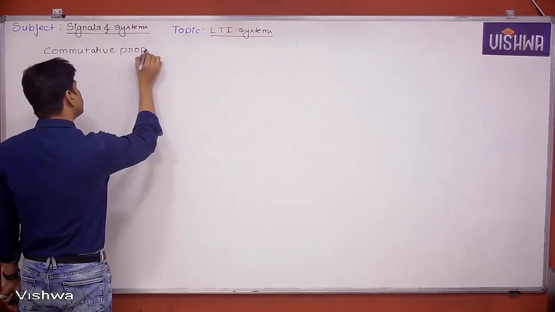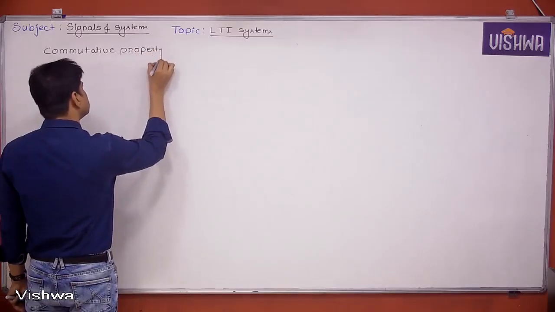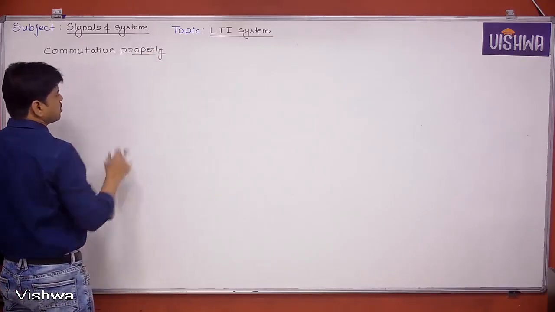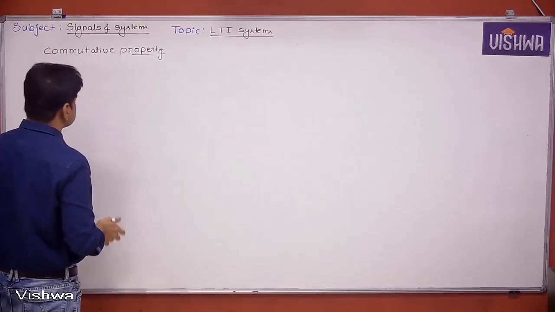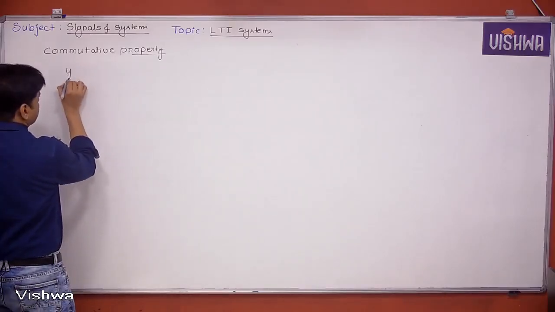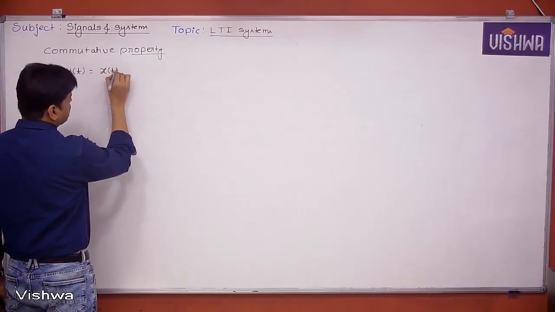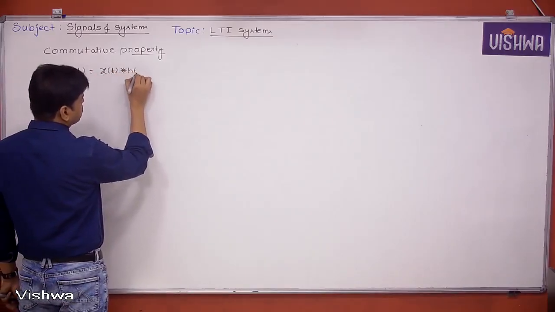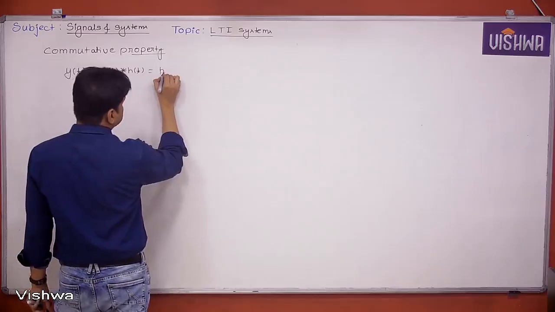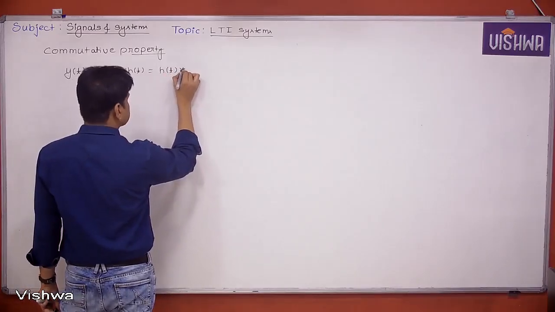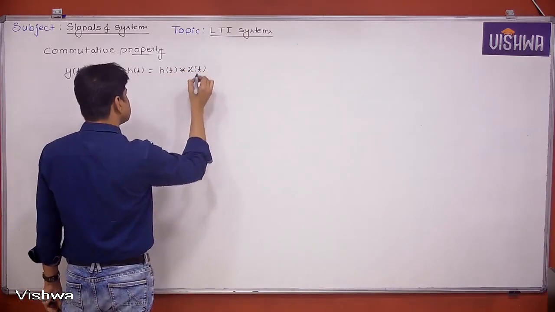We know the commutative property. What do you mean by that? If you shuffle them, it still gives you the same result. Let's say y of t is equal to x of t convolution with h of t, which equals h of t convolution with x of t. That's what commutative means.